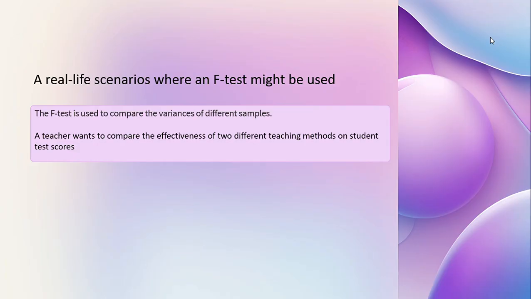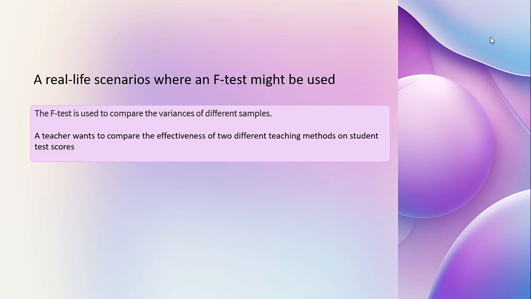For F tests, here is its meaning as well as a real life scenario example where it can be applicable. First of all, the f-test is used to compare the variances of different samples to come up with an informed decision.